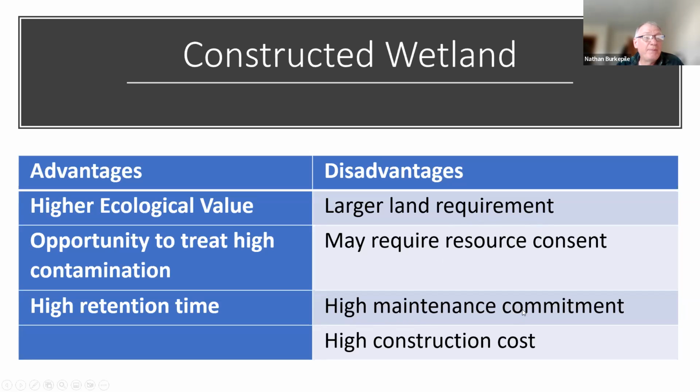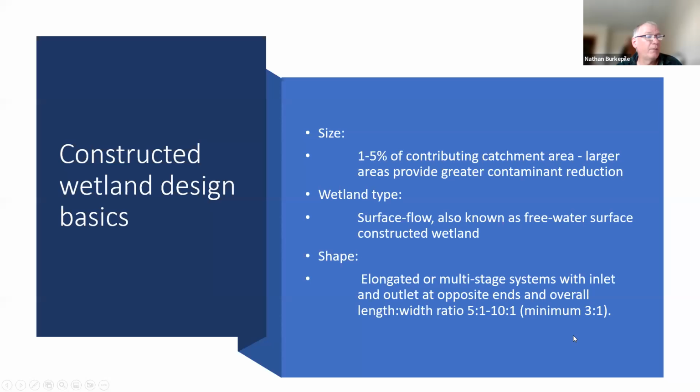Constructed wetlands have high maintenance commitments. You usually have pipes in them to move fluids from one cell to the next, so you have to maintain those pipes and keep them clear so water can move through. And again, high construction costs compared to restoring wetlands. You're going to pay 6, 7, 8, 10 times more to do it.